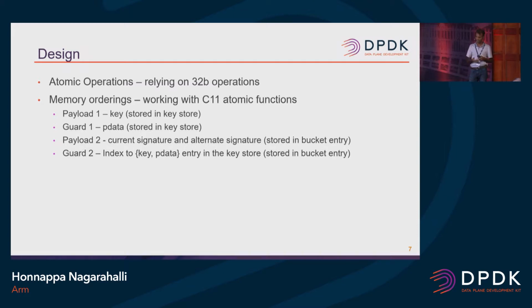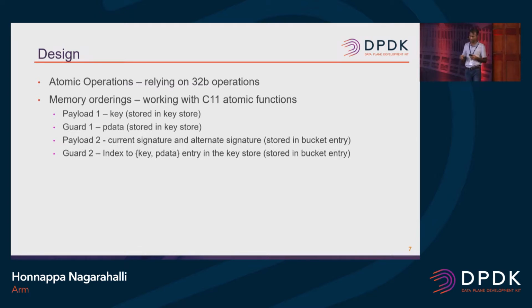As I said, along with memory ordering, we need to identify the payload and the guard. For the hash table, I have identified two sets of payloads and two sets of guards. I'll show you why we need two sets. If we want to have one set, we need some changes to the existing algorithm. We can discuss that.